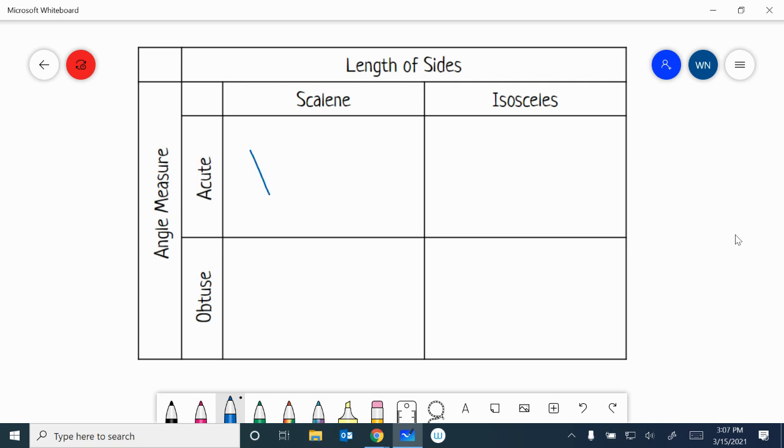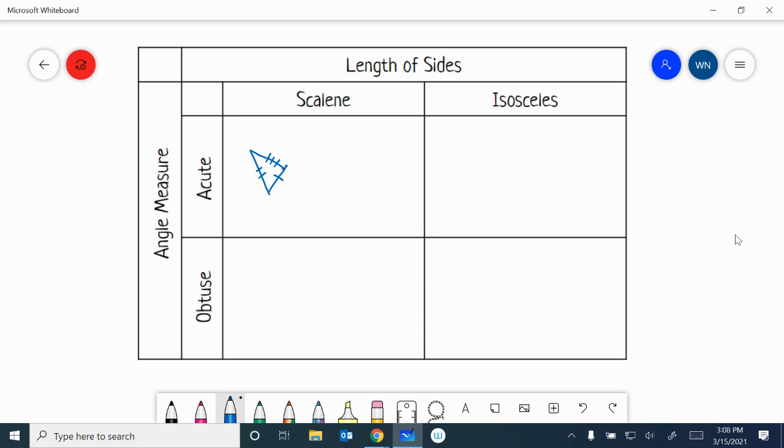So I might draw a triangle that looks a little bit like that. And I'm going to go ahead and mark it so I'm really clear. This is one, this is one, this is one. So none of those angles or sides are the same. That's my acute scalene triangle.